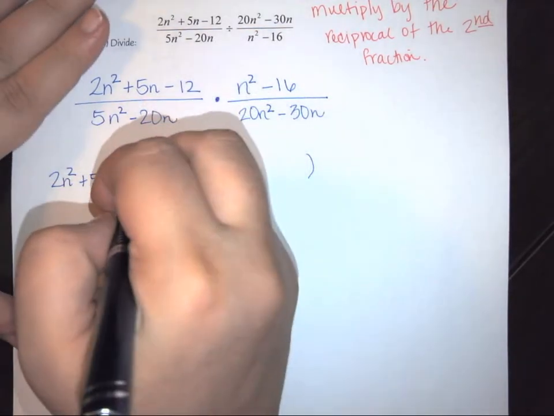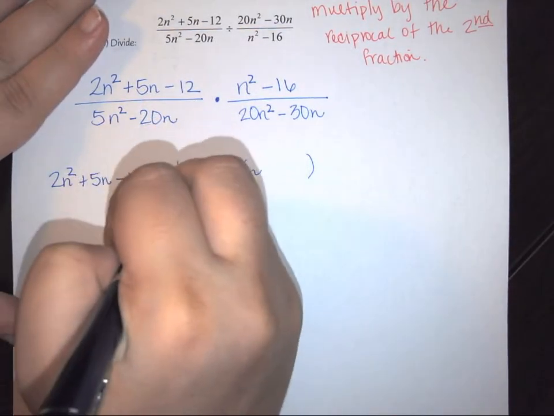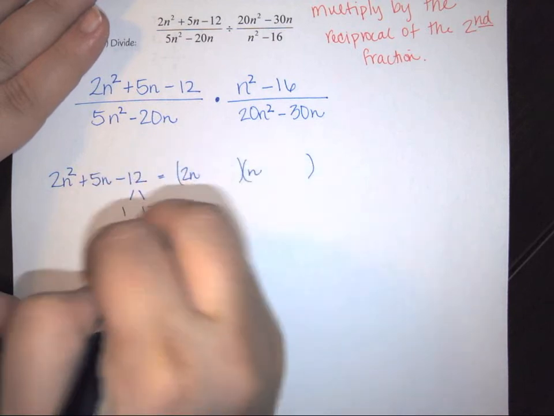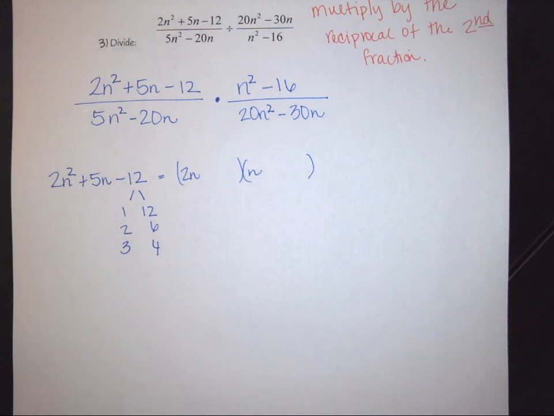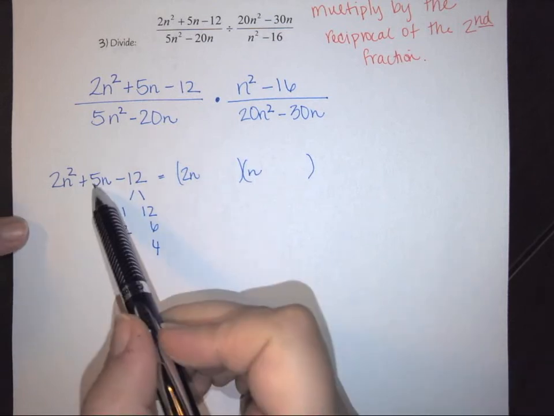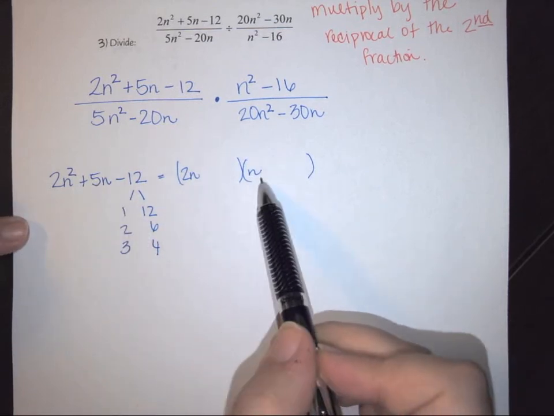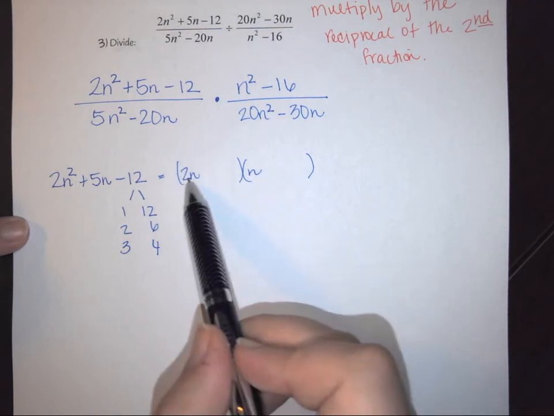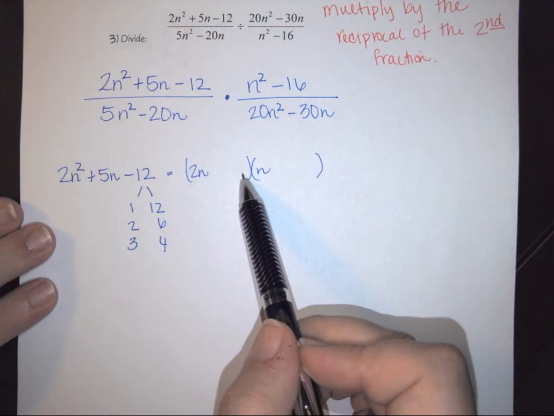So I'm looking at 1 and 12, 2 and 6, and 3 and 4. Remember, in order to get the middle term, we're looking at outer times inner. So 2 times something plus or minus something has to give us 5.